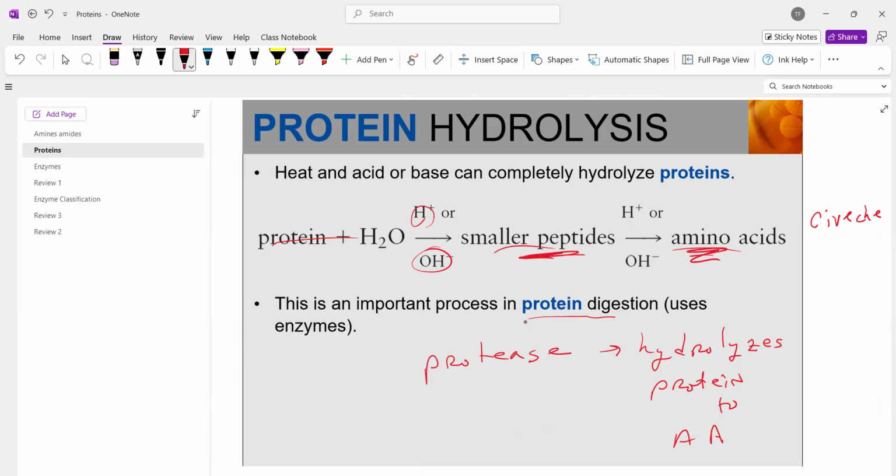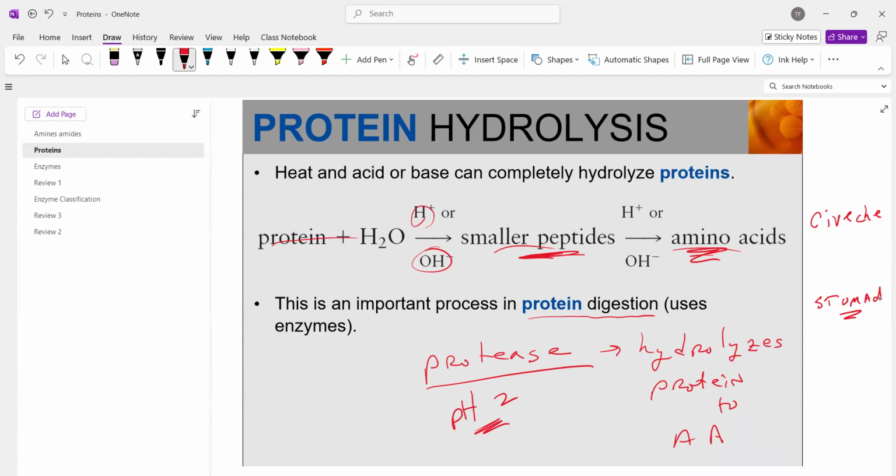Protein digestion in your stomach with the enzyme protease hydrolyzes the protein. So in your stomach, pH of 2, proteases will take apart your proteins. So if you take an antacid, say you have heartburn and it's getting very uncomfortable, and the heartburn goes away, that means you've neutralized some of that acid.